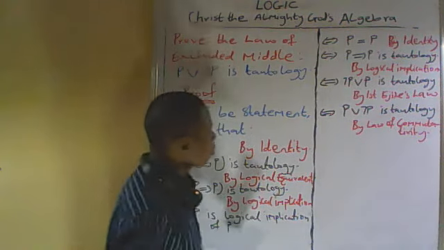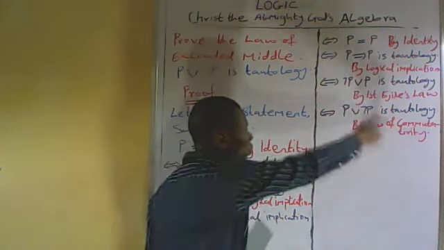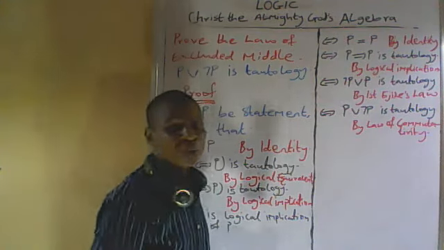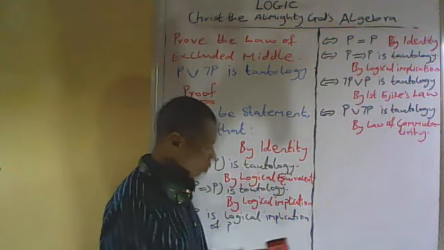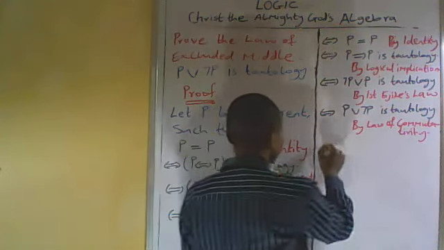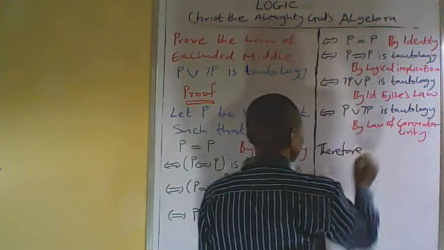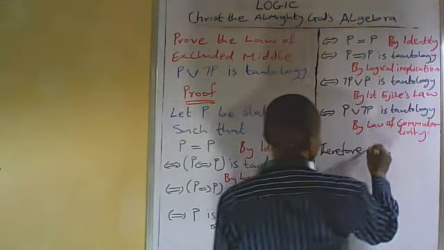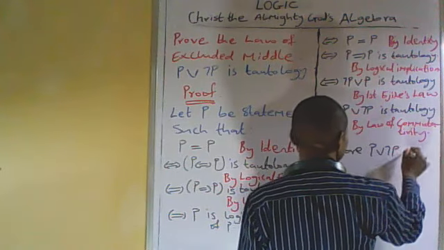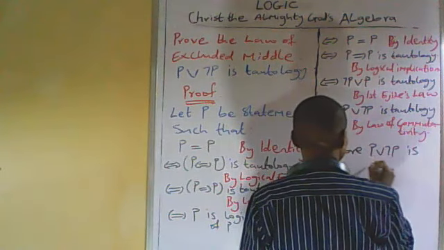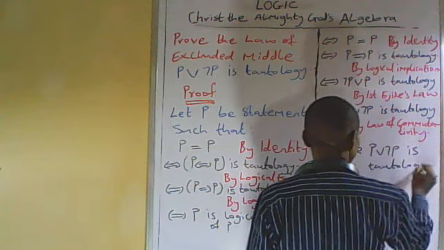Now we conclude, because we have now proved that P or not P is a tautology. Therefore, P or not P is a tautology.